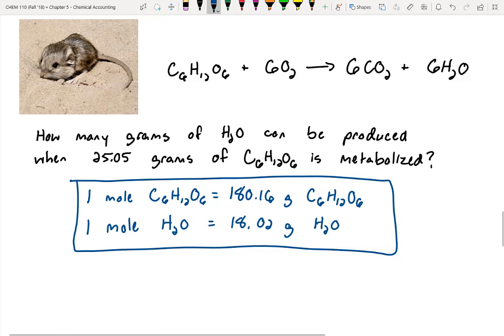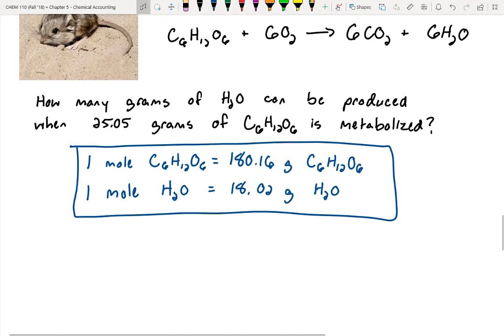All right, just for the sake of time, let's try to work through this as a class. So we know we're starting out with 25.05 grams of C6H12O6. What's our first step going to be? Yeah, convert it to moles using molar mass.